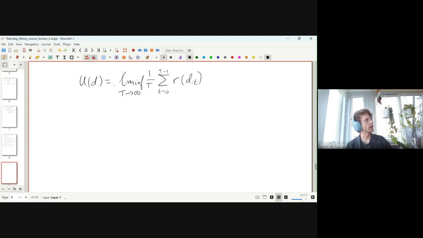For learnability, it would probably be fine to just say something is learnable if this utility converges to the optimal utility for a certain policy.